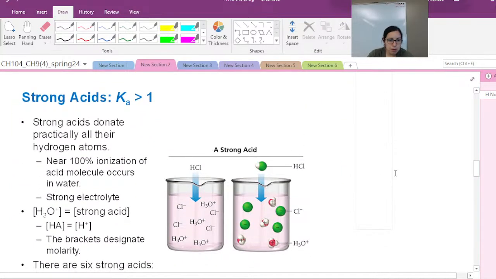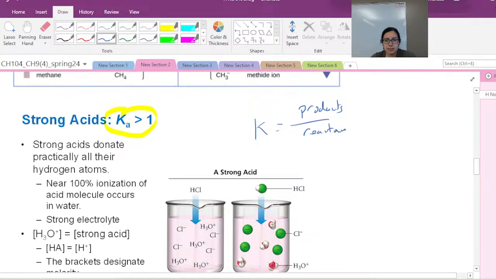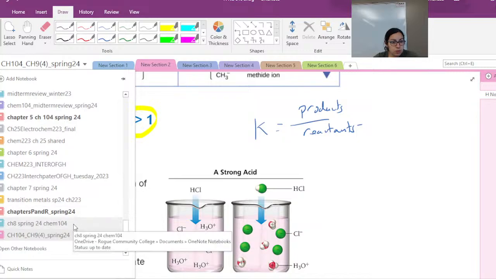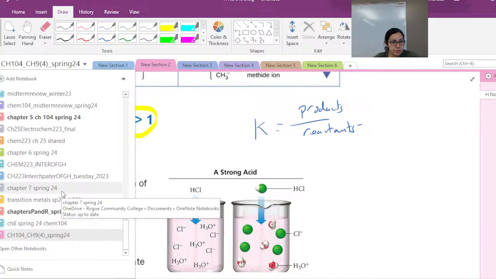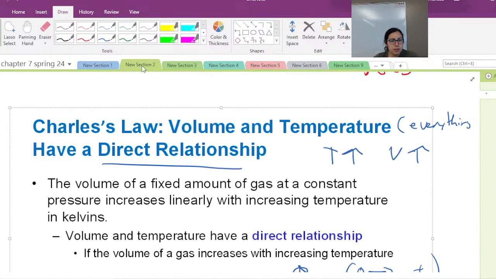And then this goes back to our equilibrium constant. Do you at least vaguely remember K? Remember we had said it was roughly products over reactants. We could go back, if I can even find it. Which chapter was it? I want to say it was 7. I could be wrong.